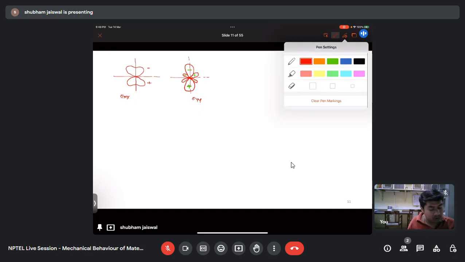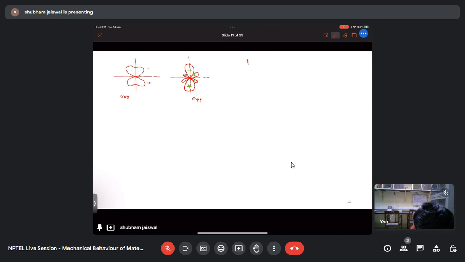Similarly, if I plot the equation for sigma xy, I will get a graph something like this. So here it will be positive and this is negative.